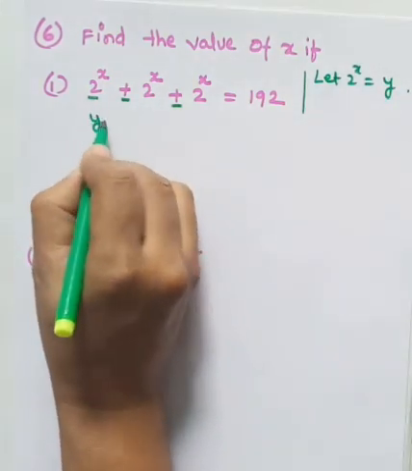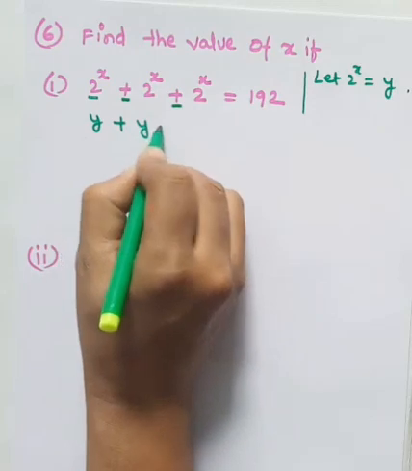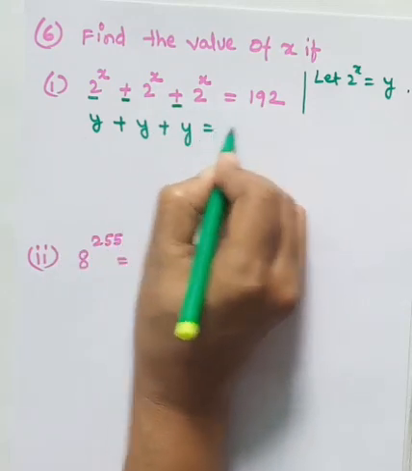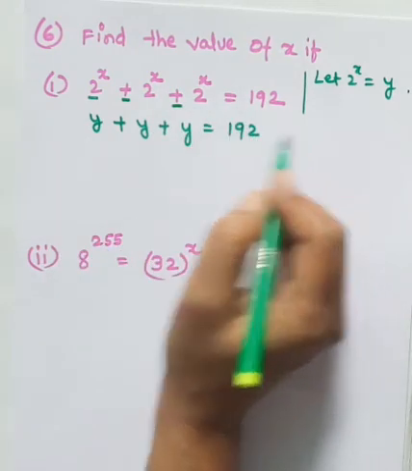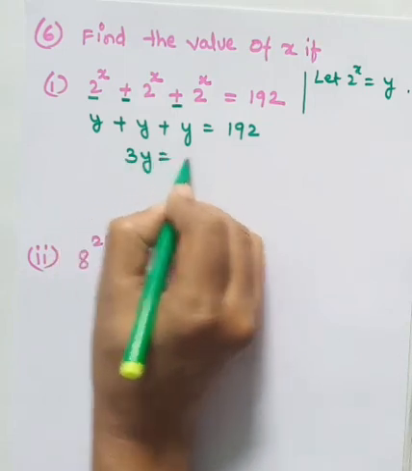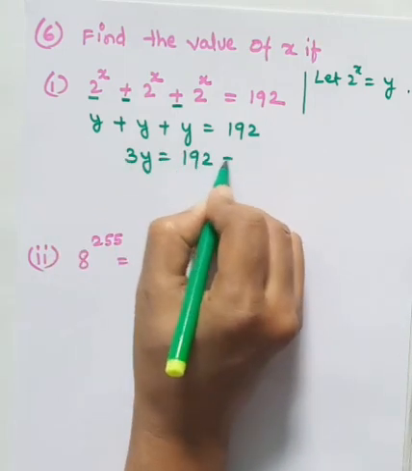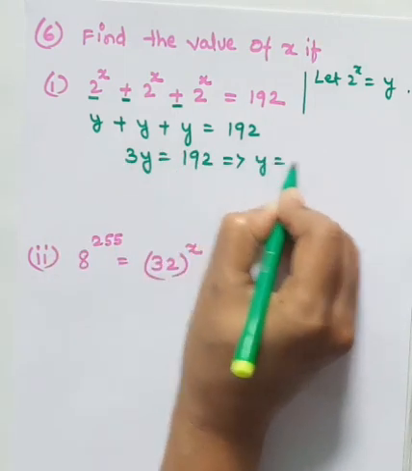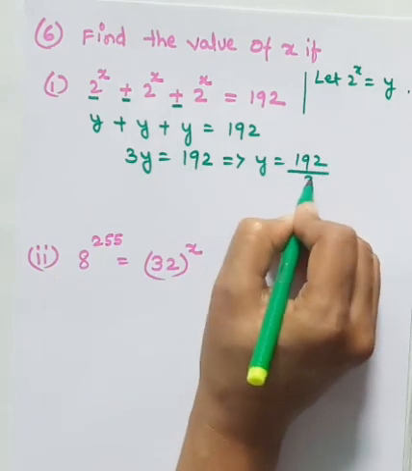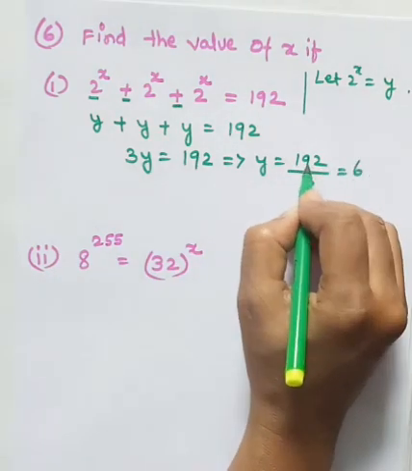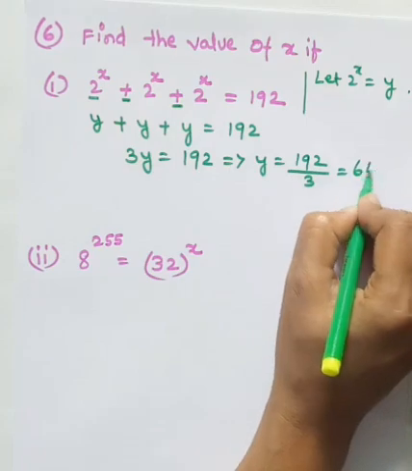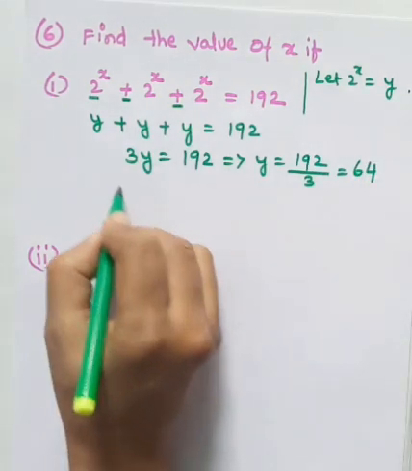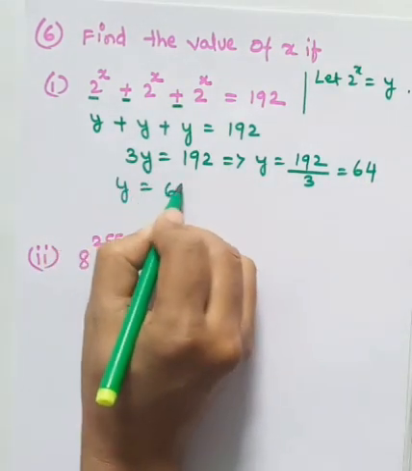This is y plus again y plus again y, which is giving you 192. So 3y is equal to 192. This implies y will be equal to 192 by 3. 3 6s are 18, 12, so 3 4s are 12. So what you are getting, y is equal to 64.